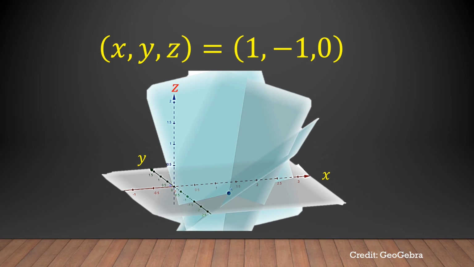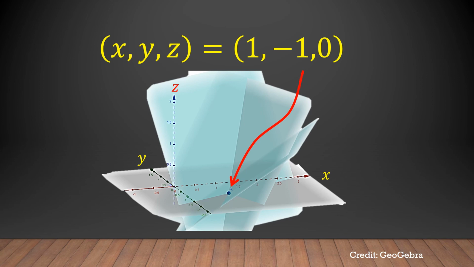So now these three planes that are plotted have an intersection point of 1, -1, 0, and can be seen right there. And if you look at the picture closely, you'll see that this indeed is what that means.